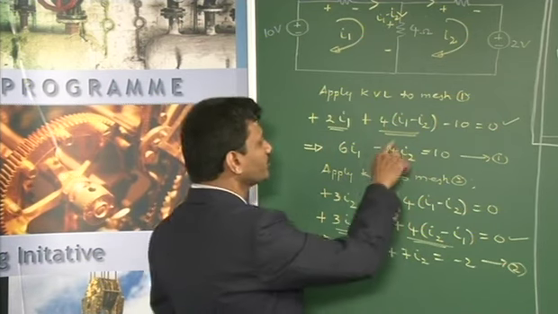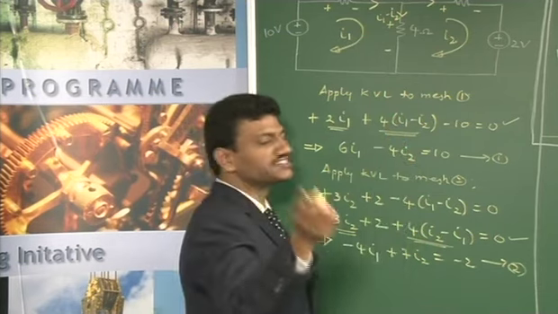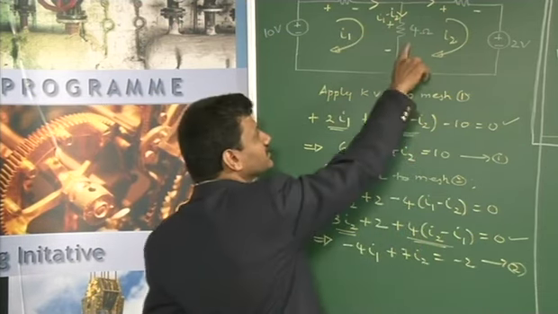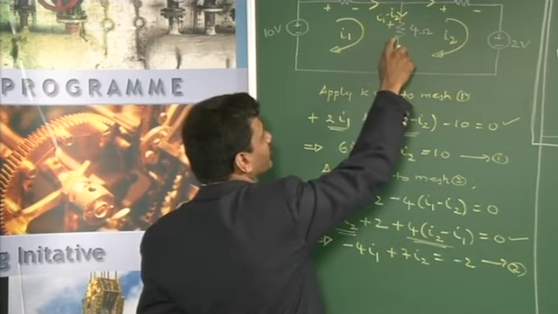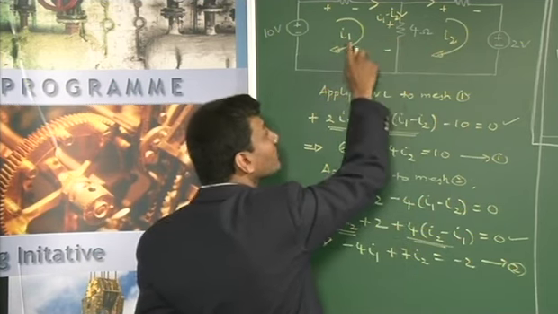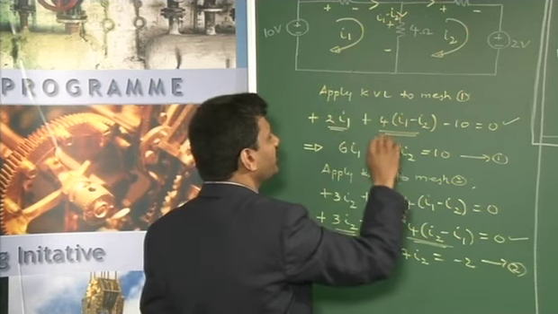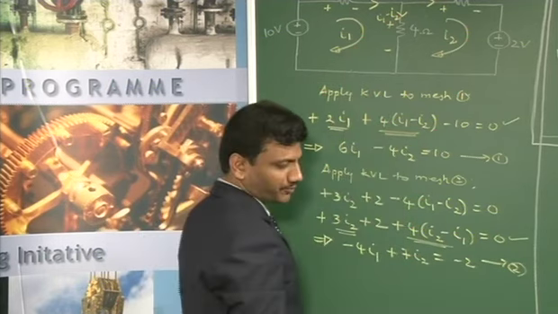But here what you need to remember is, if the element is shared by two meshes, like in this case, it is shared by 1 and 2. If you want to write the potential drop across the 4 ohms when applying KVL to mesh 1, blindly you write plus 4 into I1 minus I2.